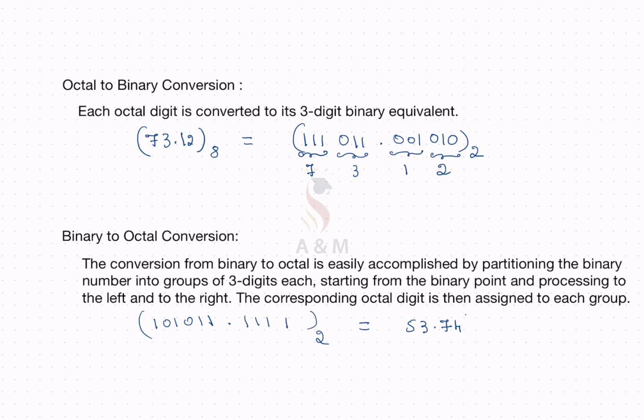That is, 011 is equal to 3, 101 which is equal to 5, 111 which is equal to 7 and 100 which is equal to 4. Suppose there are no digits, then we must add zeros to complete the group.